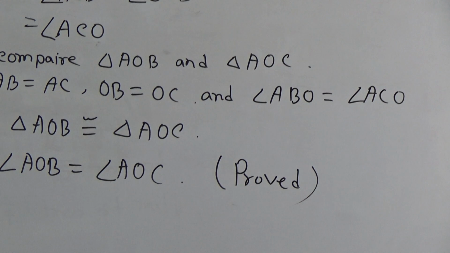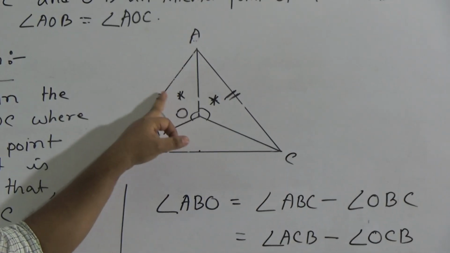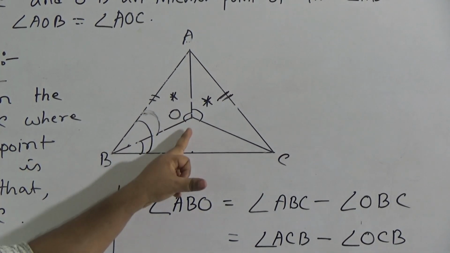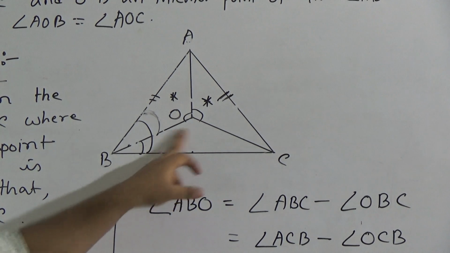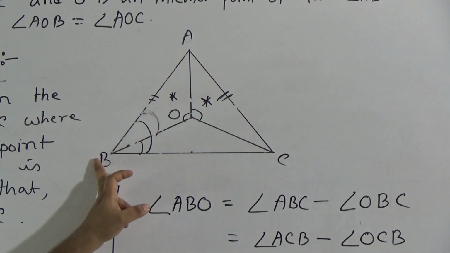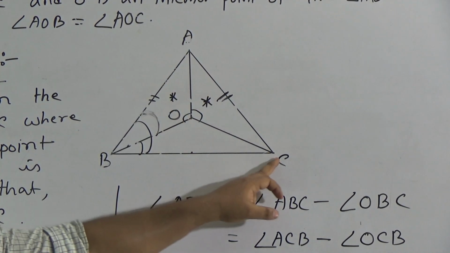Okay. I repeat this. In triangle ABC, AB equal to AC and O is the interior point. As O is the interior point, we say BO equal to CO. It is required to prove that AOB equal to AOC.